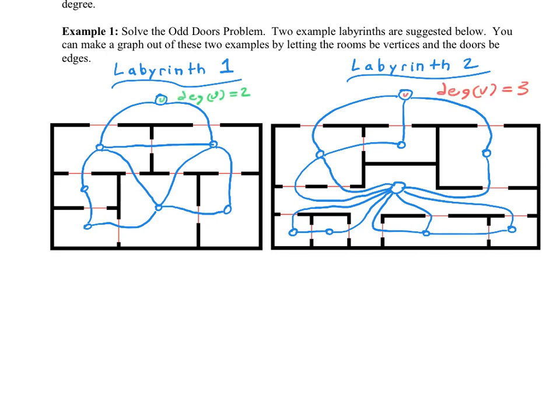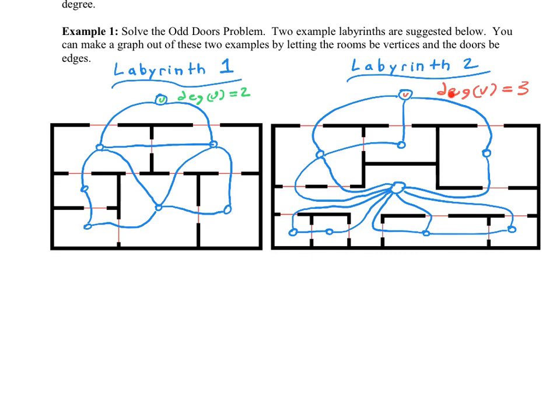Okay, so with those degrees in mind, let's think about the handshaking lemma. The handshaking lemma says that there must be an even amount of odd degreed vertices. So over here in labyrinth 1, we have discovered one odd vertex. And we know that one of the two labyrinths has all of its vertices as even.